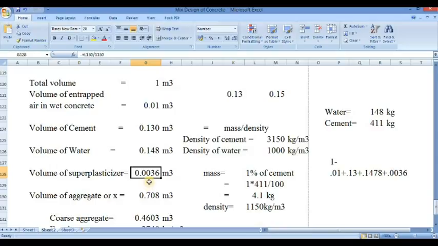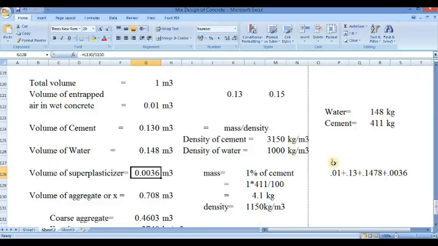So the total volume till now is 0.01 for the entrapped air, 0.13 for cement, 0.148 for water, and 0.0036 for the admixture.